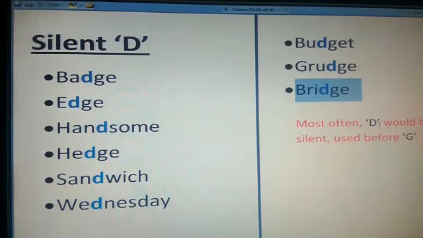So most often D would be silent when used before G. In many words we have seen here, when D arrives and after that G arrives, D is silent in that word. Okay, so here we have silent letters with many words, and there is some technique that we can use to understand how to pronounce these silent letters.